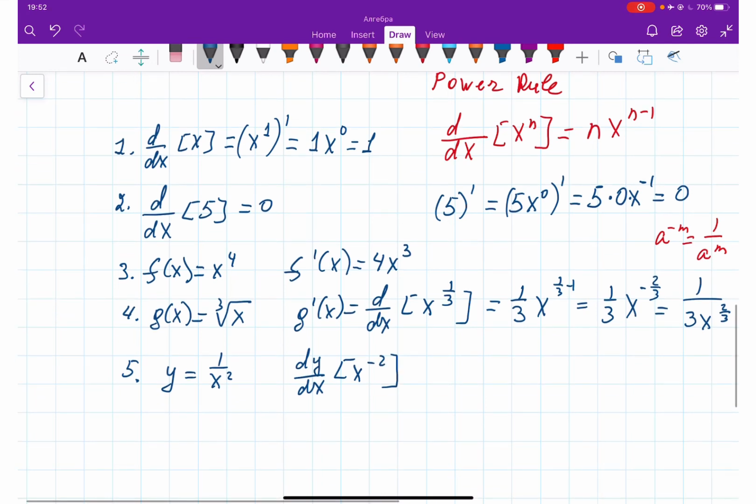Okay? The vice versa, representing in the format of a negative exponent. This is going to be negative 2 come in front, x to power negative 2 minus 1, going to be negative 3. And that means negative 2/x cubed, using this property of exponents. Yes? All right.